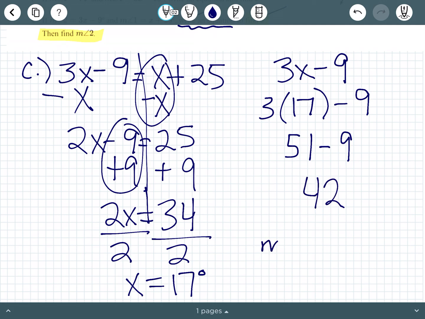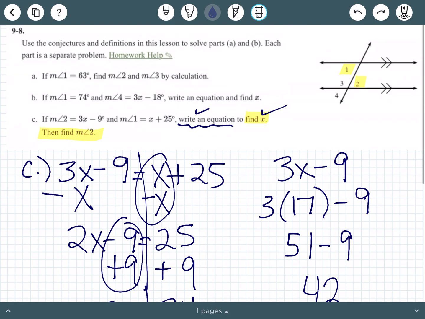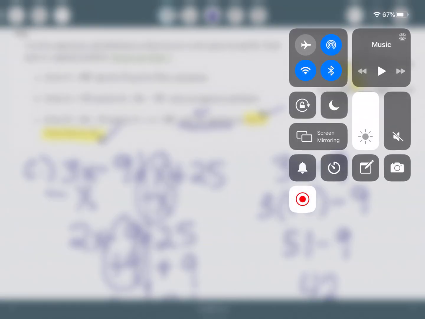So the measure of angle 2 equals not just 42, but 42 degrees, since we are talking angle measurements. So now we have our x. We wrote our equation and we found the measurement of angle 2. So that's all we have to do for this problem.